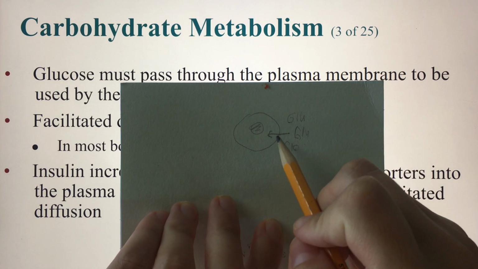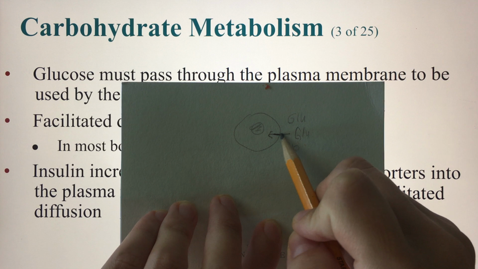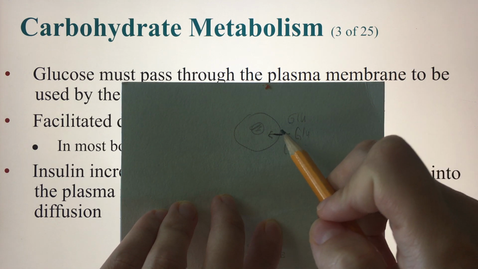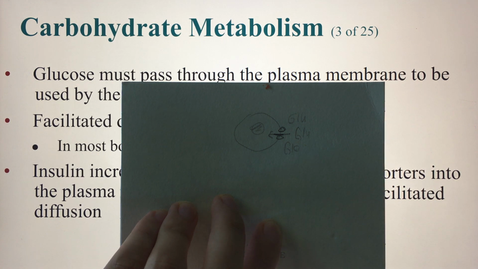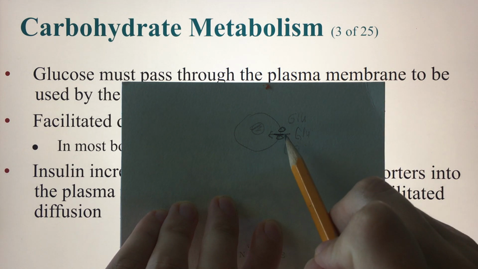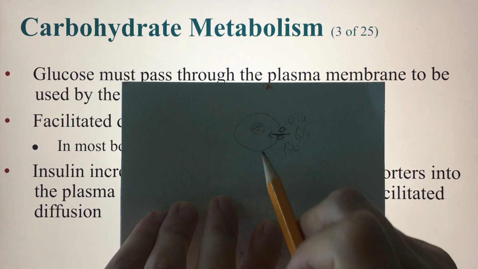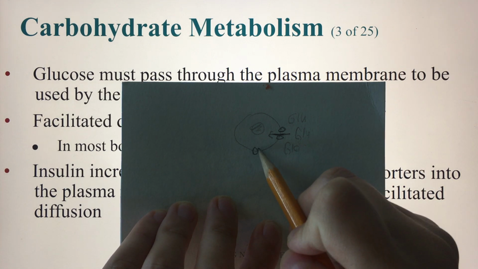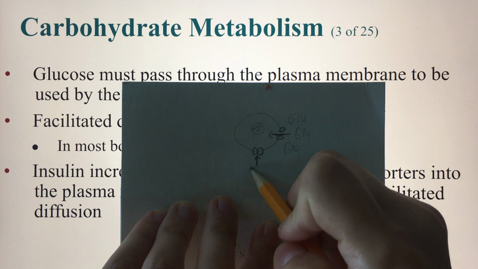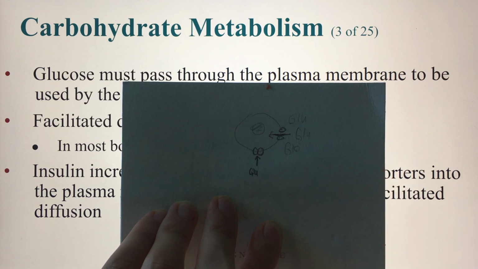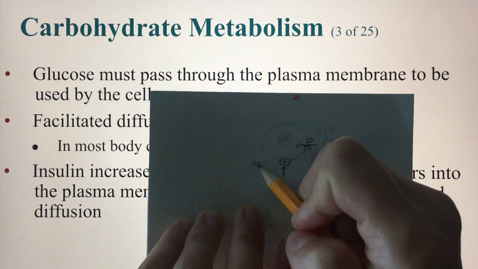However, it doesn't happen simply across the membrane of a cell. In the membrane of a cell, there are special doorways called transport proteins, and glucose has to pass through these transport proteins, which are not normally open. They actually stay closed, so glucose cannot get through.